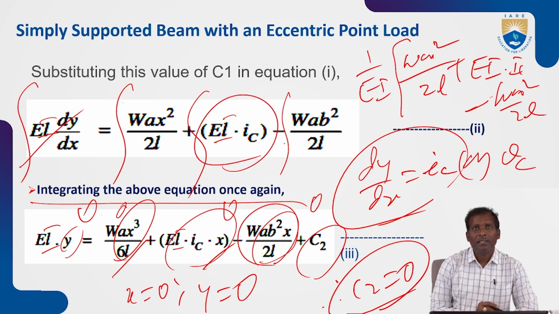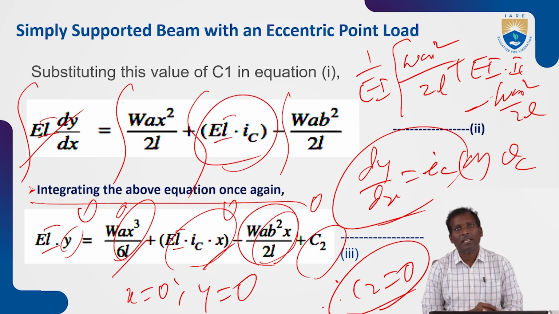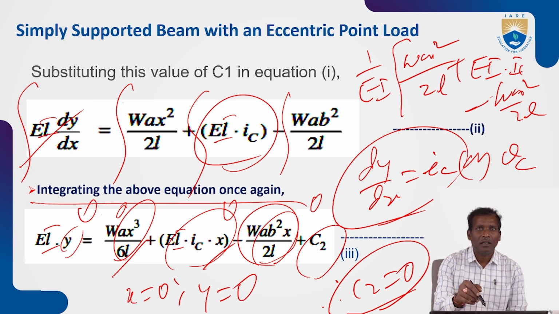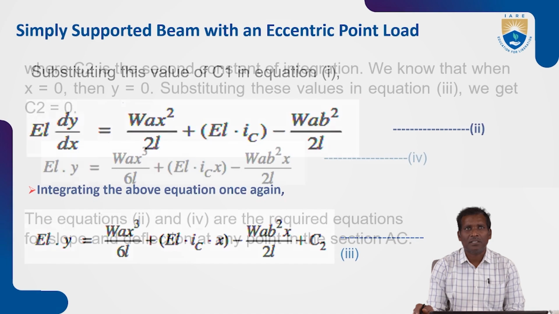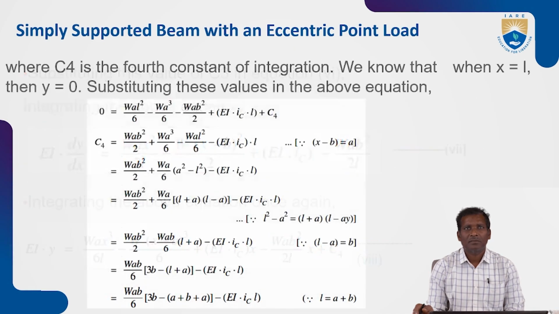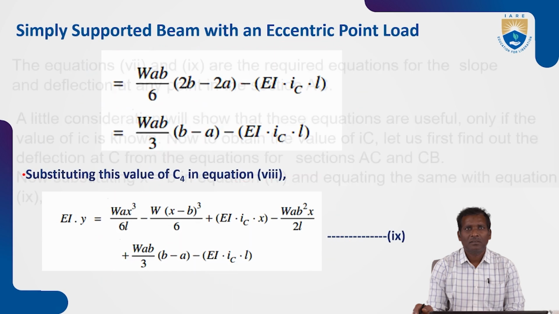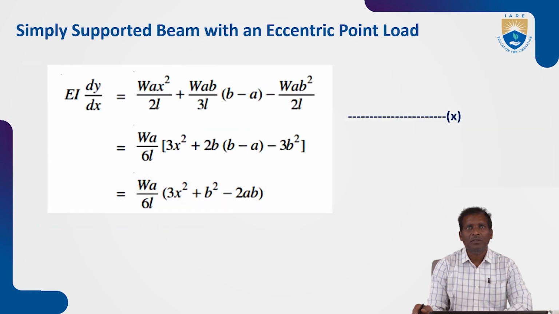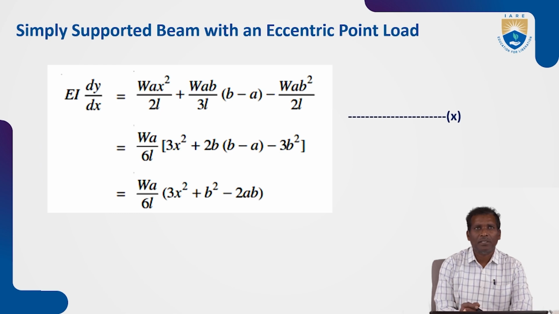So here EI into θC we have calculated. So substitute EI into the slope at C point in this equation. Clear? Substitute in equation 2, you will get one more equation.